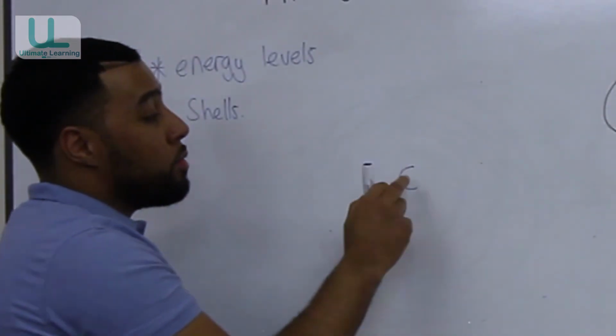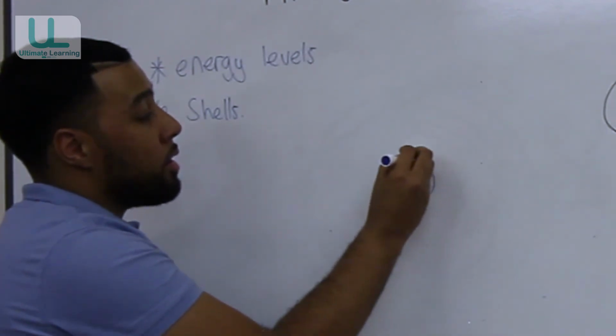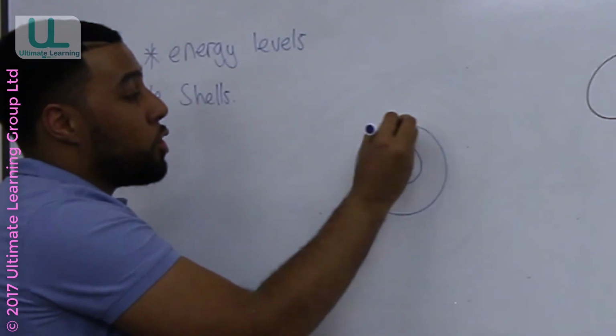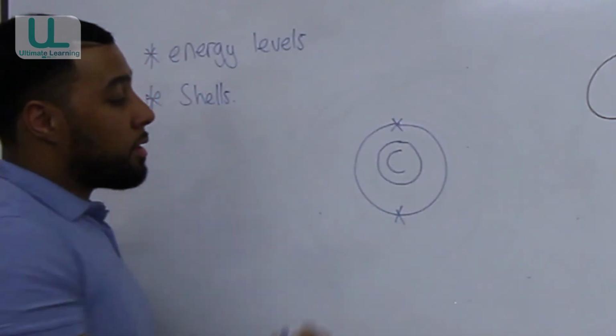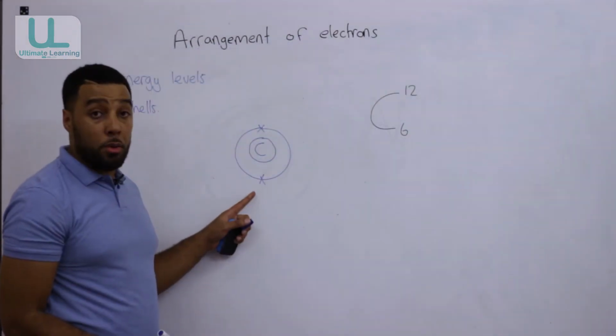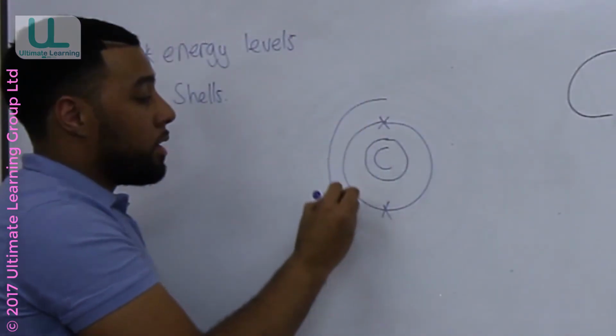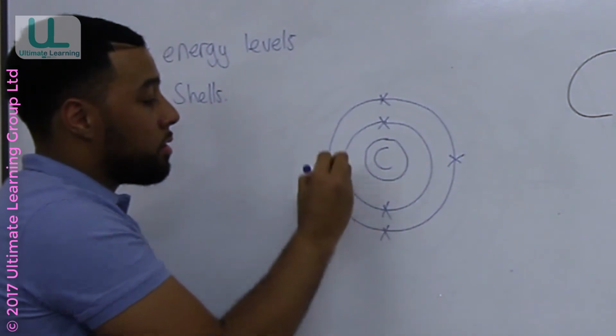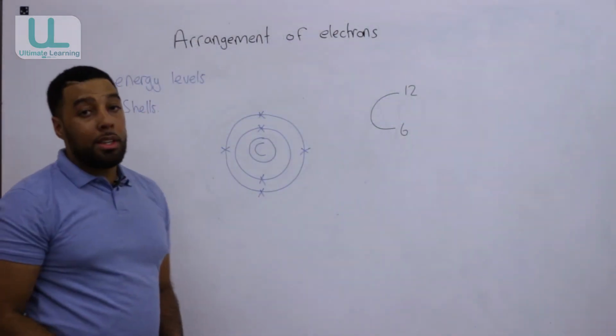Remember, following our rule, we draw the carbon nucleus. 2 of the electrons would go in the first shell, and 4 electrons would go in the second shell.